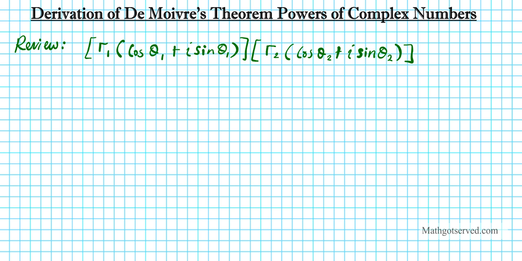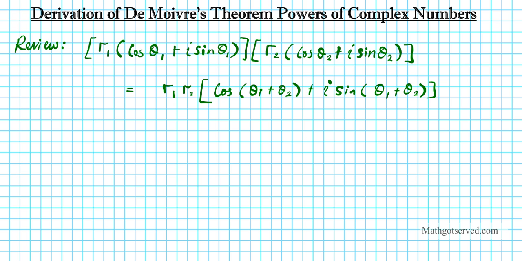Well, all you do is multiply the radii, r1 times r2, and add the angles. So times cosine of theta 1 plus theta 2 plus i sine of theta 1 plus theta 2. Okay, so there you have it.